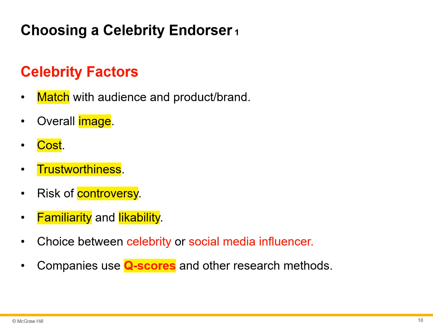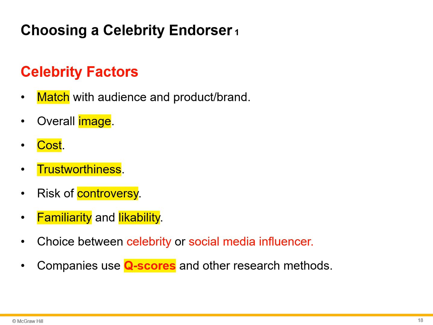Risk of controversy. What if this person is involved in a scandal where something bad happens to him or her? You don't want your reputation to be ruined by that. In your contract, you may have a clause saying that if the celebrity is involved in a scandal, we have the right to withdraw from this agreement.